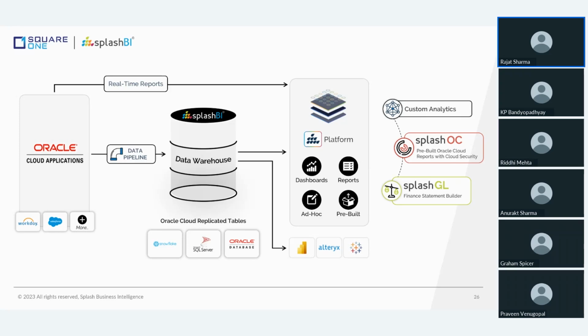So if there have been any updates on the transactions, or if new transactions have been added into the Fusion pod, Splash OC will intelligently understand and only download those incremental changes rather than having to do a full download of your data again and again. So very good question as well. And we'll cover these questions as well as this architecture diagram, wherein the data from multiple sources is coming in, in the next few slides as well. Excellent. Thank you, Rajat. Thank you.